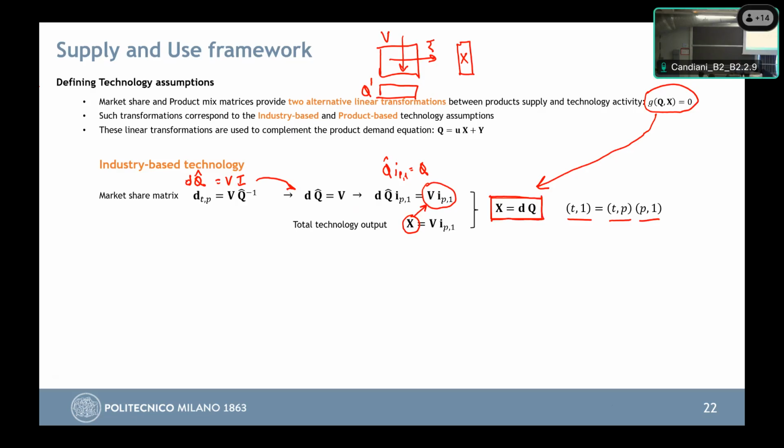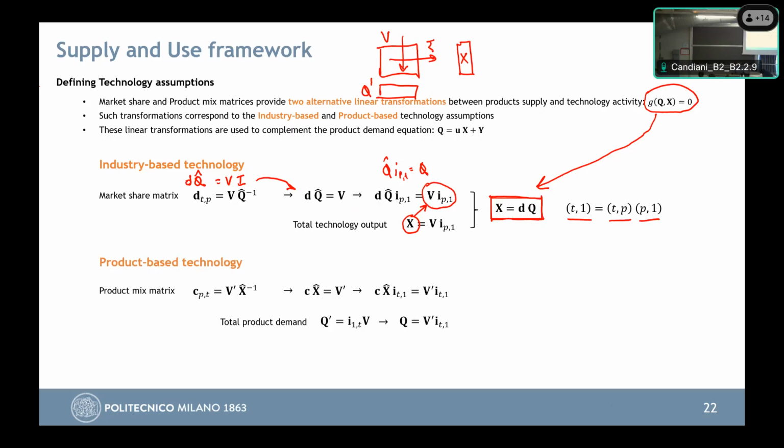Now, before moving on and deriving the Leontief model, let's also derive with the very same approach the product-based technology assumption and the linear transformation between X and Q of the product-based technology assumption. We simply need to take the basic definition of the product mix matrix, then elaborate it a bit by very simple manipulation of such expressions.